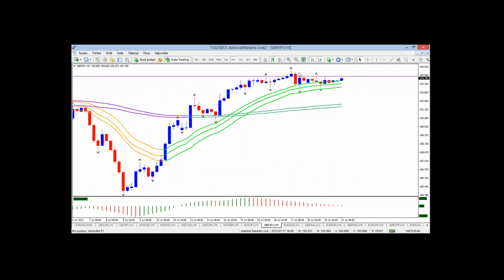The correction has lasted pretty long, and it's almost finished. And from the point of view of yen, by the way, it adapts itself less to that rule than others. So this is pretty corrective. This is pretty shallow after a pretty nice upside.